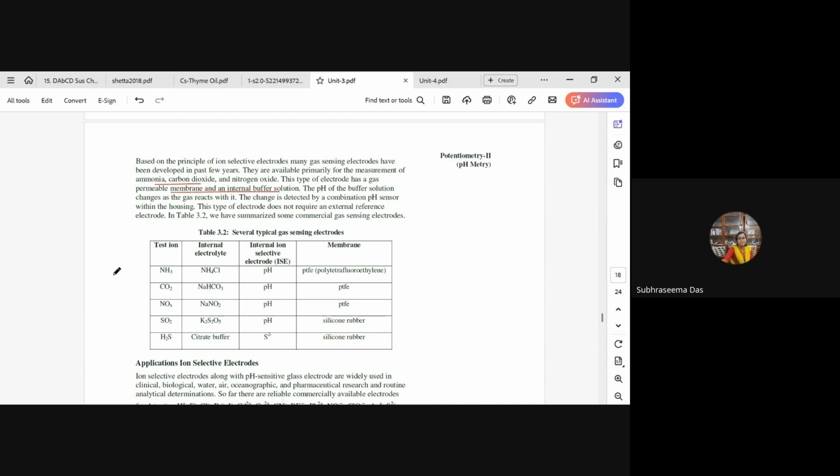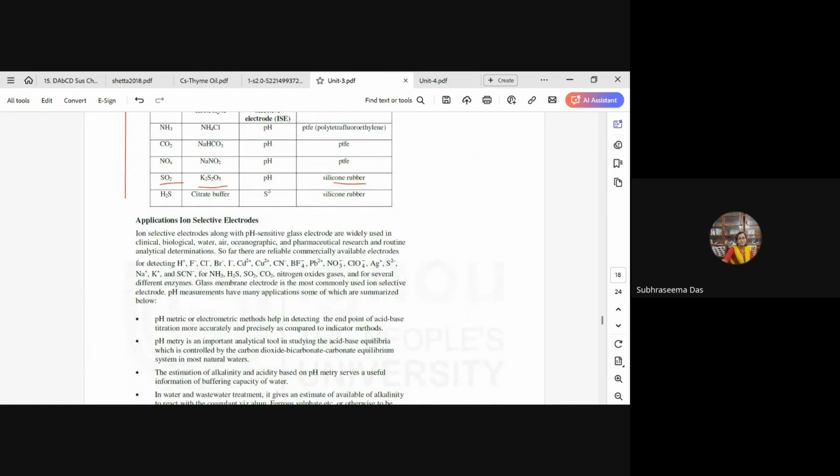In table 3.2, different types of gas sensing electrodes have been listed. For ammonia, the internal electrolyte is ammonium chloride and it is an ion selective electrode for pH. For sulfur dioxide, K2S2O5 is used as the internal electrolyte, and the membrane is made of silicone rubber. These are some examples of gas sensing electrodes.